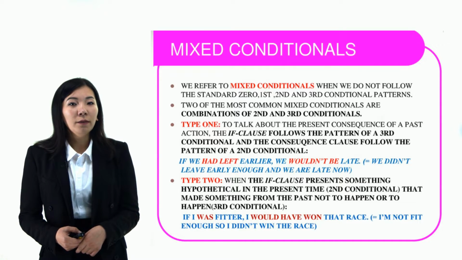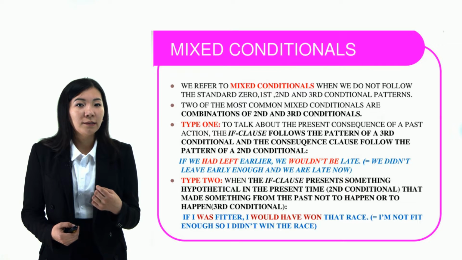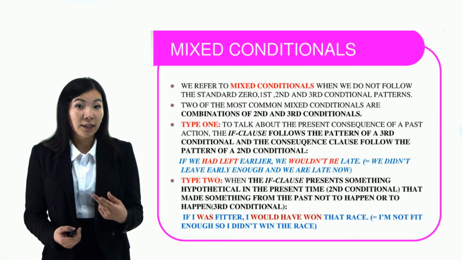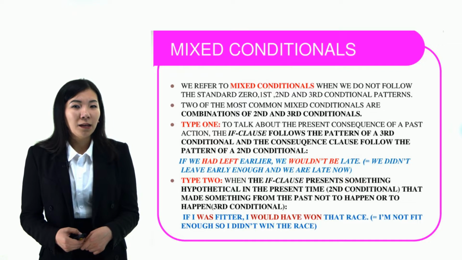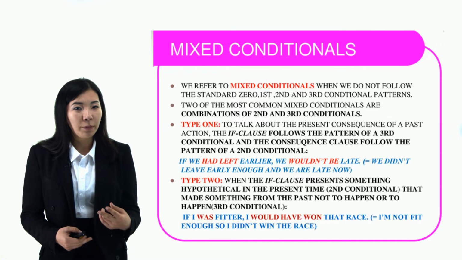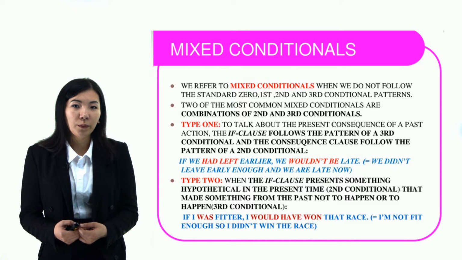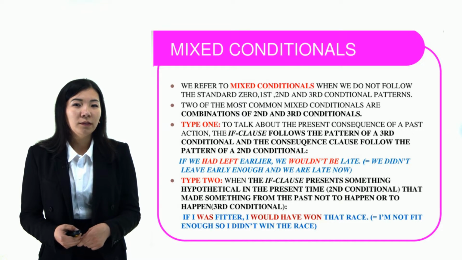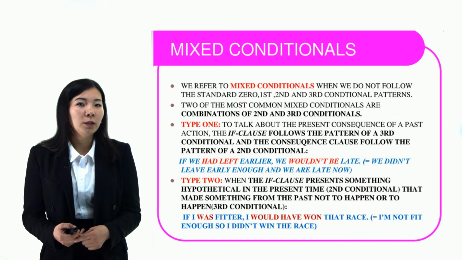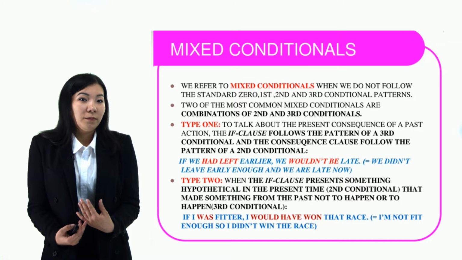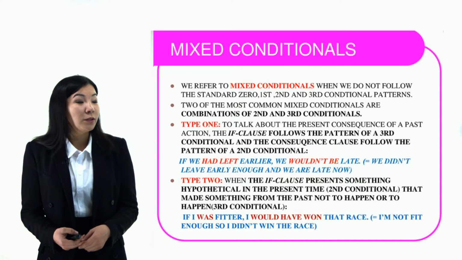When the if clause presents something hypothetical in the present time, second conditional, that made something from the past not to happen or to happen. Okay, this is third conditional. If I was fitter, I would have won the race. And I'm not fit enough, so I didn't win the race.